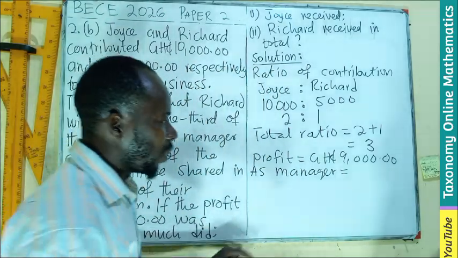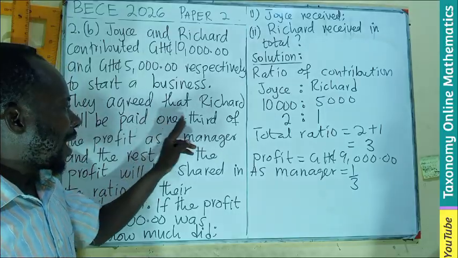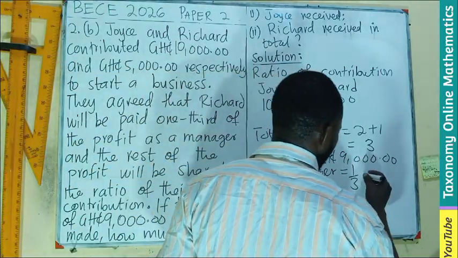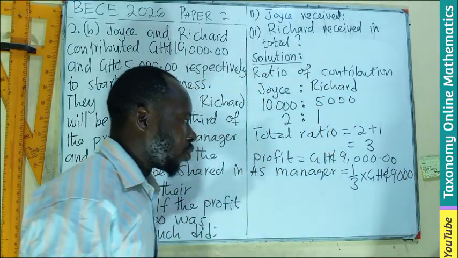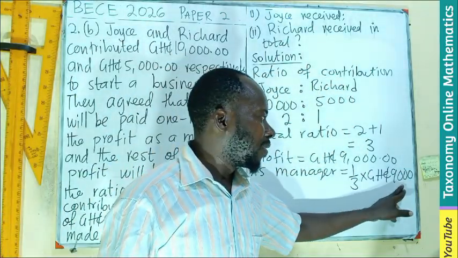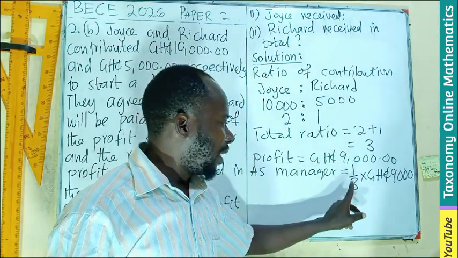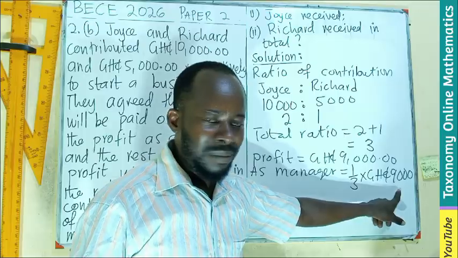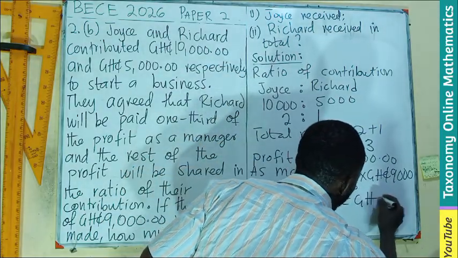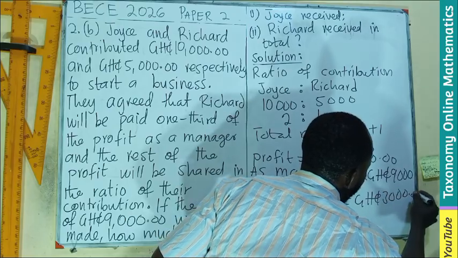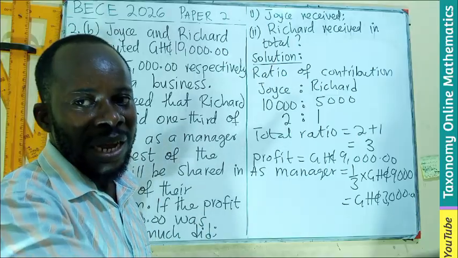So the manager is taking 1/3, 1 out of 3, of, meaning multiplication, 9,000. So 1 times 9,000, that will be 9,000 divided by 3, meaning 3 can divide the 9,000. So 3 going into 9, 3. So that means that the manager will be taking 3,000 Ghana cedis. So this money goes to Richard as manager.